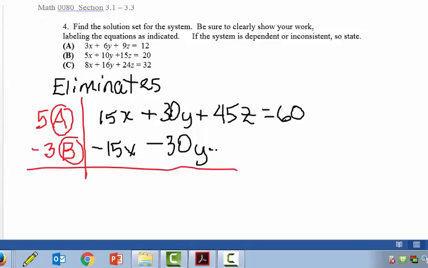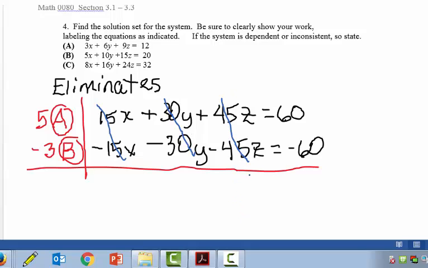So 5 times equation A gives me 15x plus 30y plus 45z equals 60. Negative 3 times equation B gives me negative 15x minus 30y minus 45z equal negative 60. So everything cancels out on the left, leaving me with 0. And 60 plus negative 60 is 0.